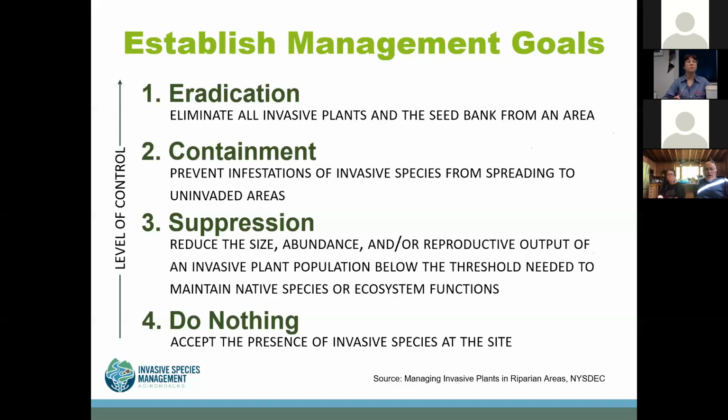So this is important to recognize and consider, because the higher level of control that you're seeking to achieve, the greater amount of resources and time you'll need to put into managing your site. So if you're attempting to eradicate knotweed on your property, expect to expend some significant time and effort to address that infestation.